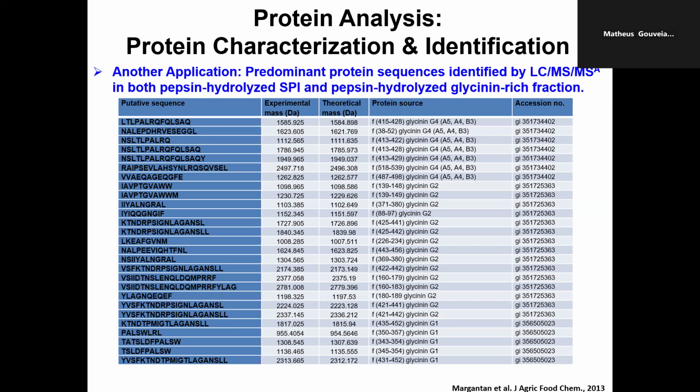So basically, we've proven that we don't need fractionation. We can get the same outcome. So that was how we used LC-MS-MS. Is it too confusing? Were you following? Yeah, okay, good.